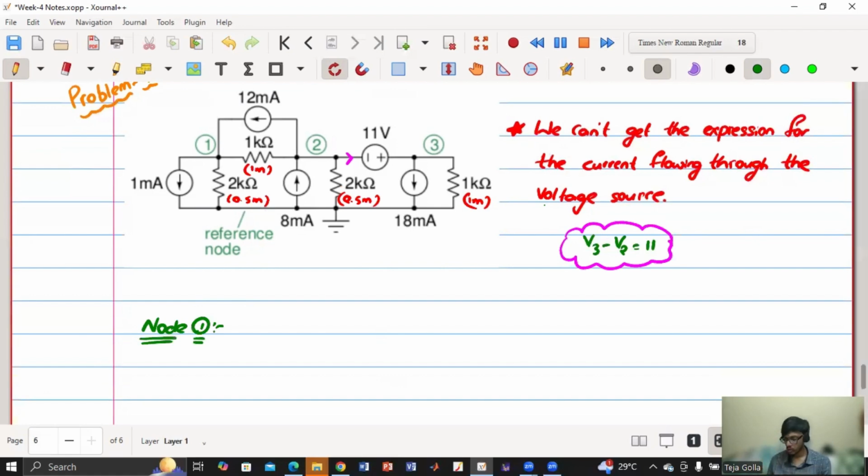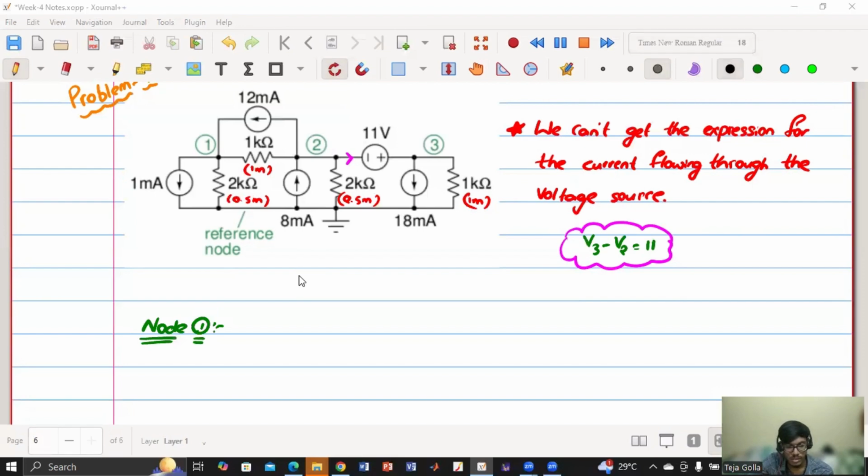Okay. So at node 1, can someone tell me the expression A11, A12, A13? What is A11? It's 0.5, or total conductance at node. Is it 0.5 or 1.5?